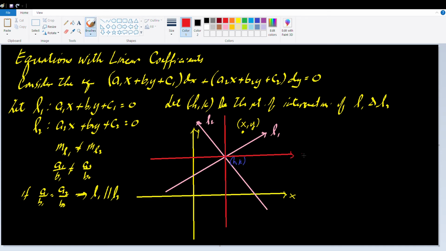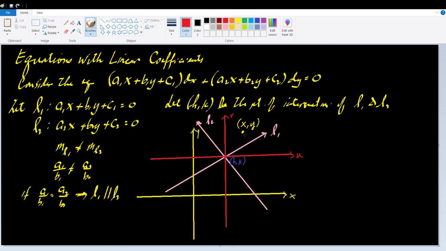Let us call these u and v, right? With respect to the xy coordinate axes, the intersection is at (h, k), but with respect to the new set of coordinate axes u and v, the point of intersection is at (0, 0). Alright?